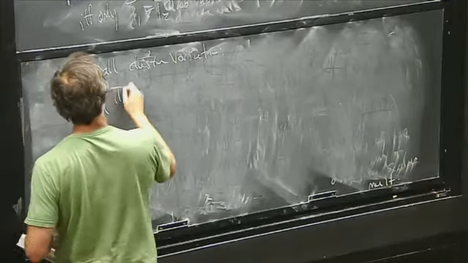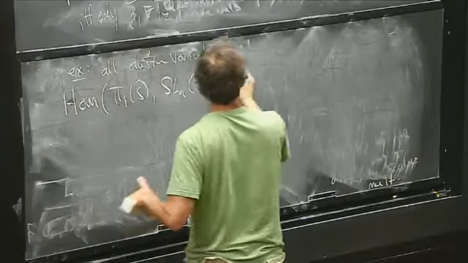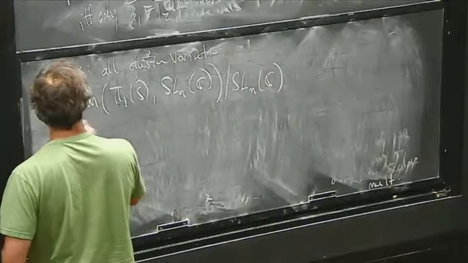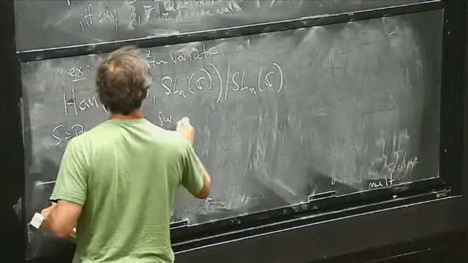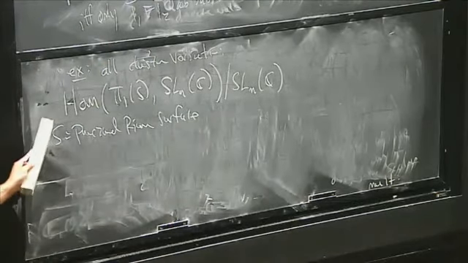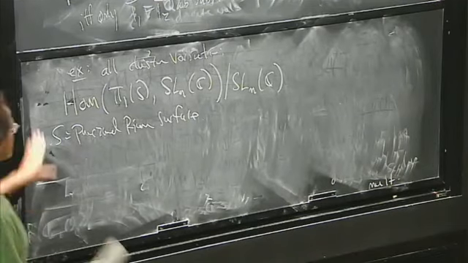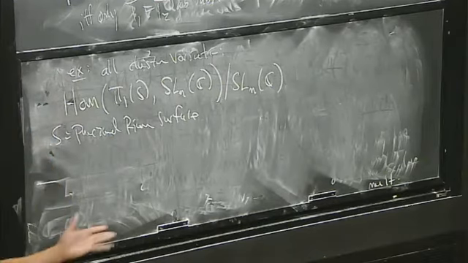Take Hom of pi1 of S into SL_n(C), or any group, where S is a punctured Riemann surface. At the end, if there's some time, I'll come back to say a little bit about this example. Here I just wheel it out to show you that these things are significant. This is the so-called Hitchin system. It's one of the most studied objects in geometry. So these kind of Calabi-Yaus really do matter.